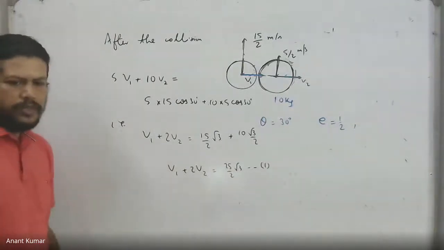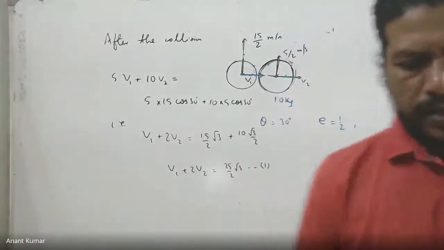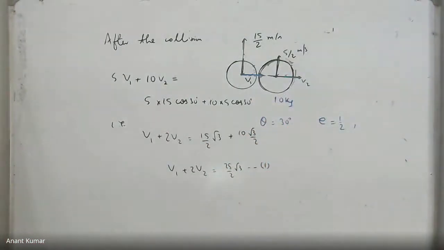The other equation will be by considering the restitution coefficient, the separation velocity along the common normal.